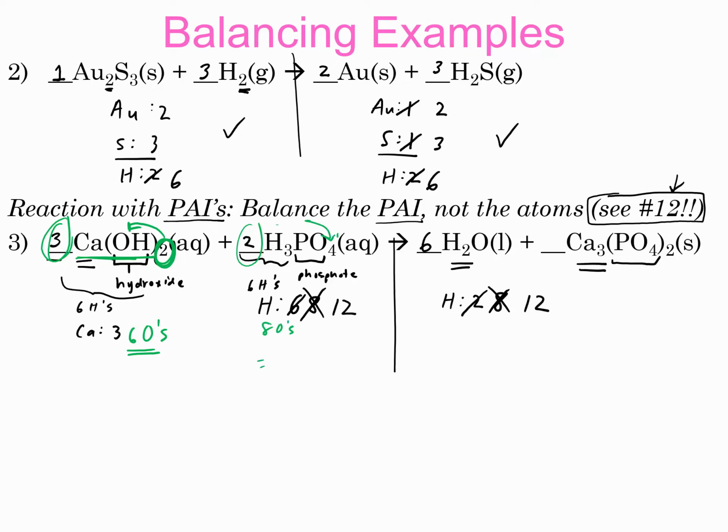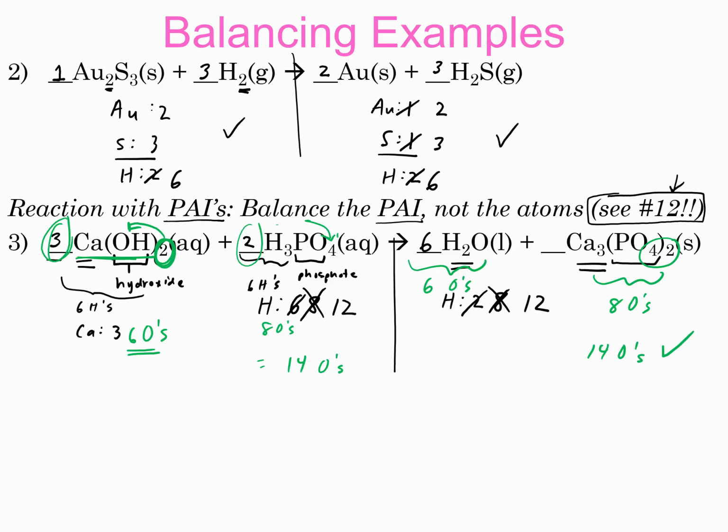So that's a grand total of 14 oxygens. On this side, I have 6 from the water, and then I have 2 times 4 from this. So I have 8 oxygens from this. So 6 and 8 is 14 oxygens. Okay, so the oxygens check out.